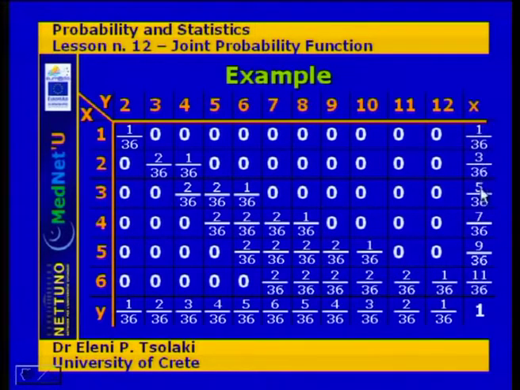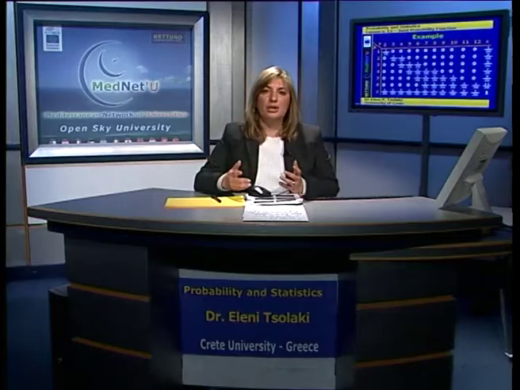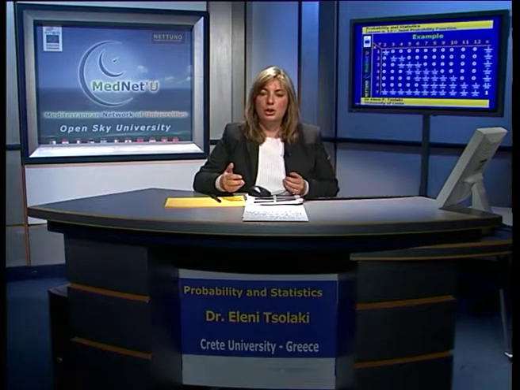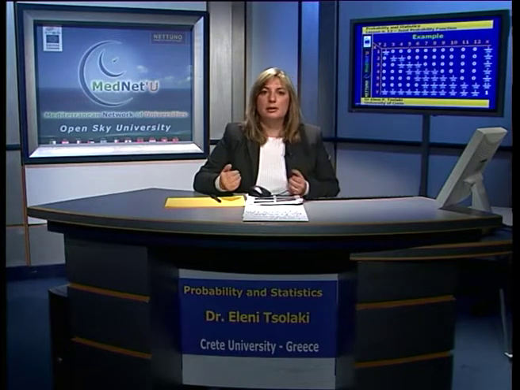Each one of these should add up to 1, because the marginal distribution function, as we have already said, is a distribution function. So it should add up to 1.